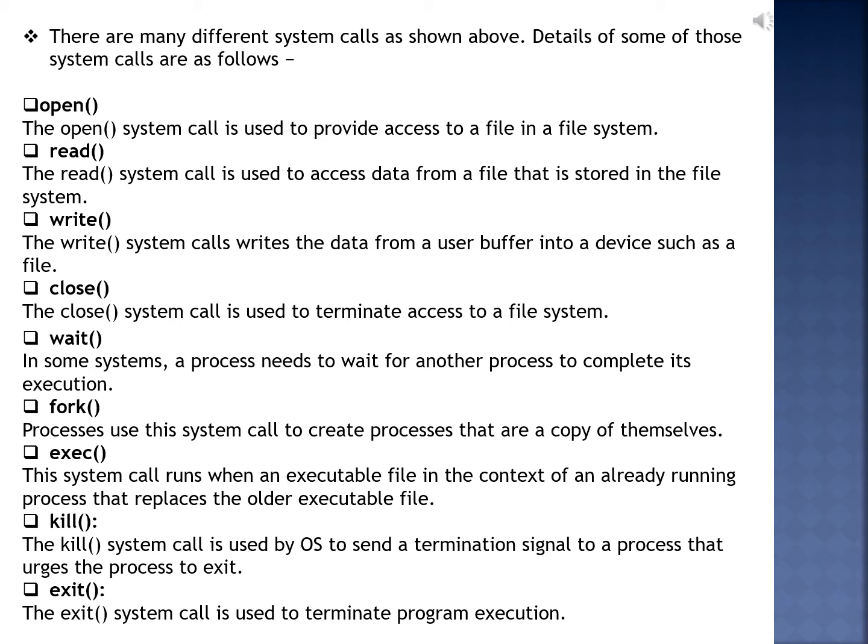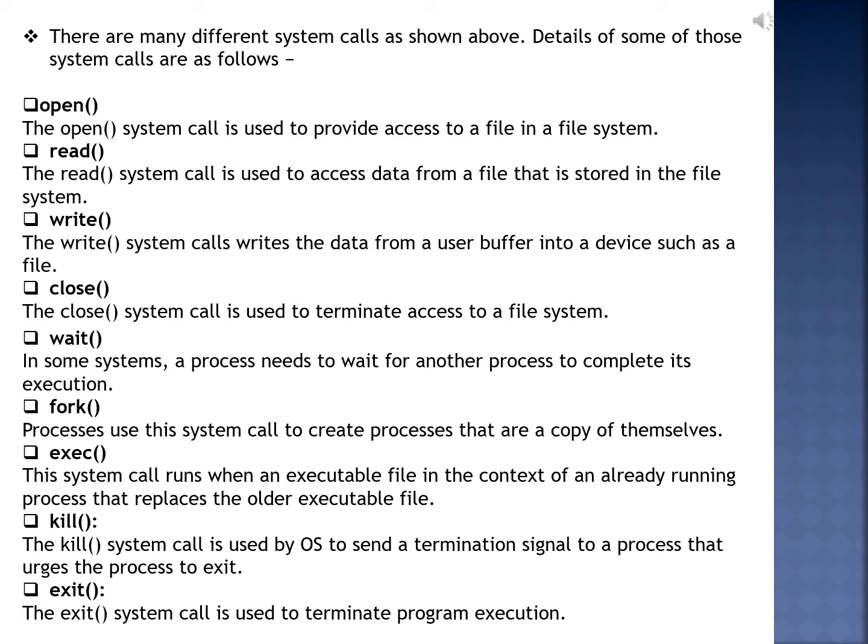This system call runs an executable file in the context of an already running process, replacing the older executable file. However, the original process identifier remains as a new process is not built, but stack, data, heap, etc. are replaced by the new process.